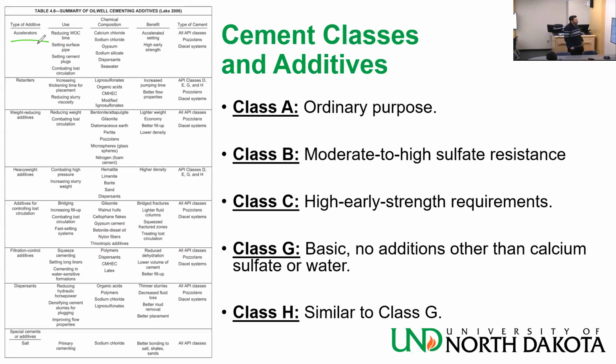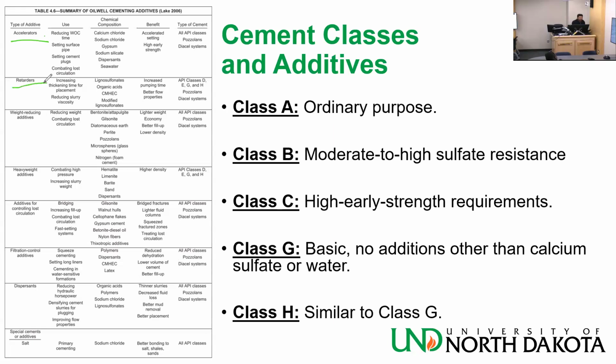So if you want the cement to solidify fast for whatever reason, you will use an accelerator. Some of them are calcium chloride, sodium chloride, basically a salt, gypsum, sodium silicate, dispersant, even seawater. And the benefit is accelerated setting, basically.